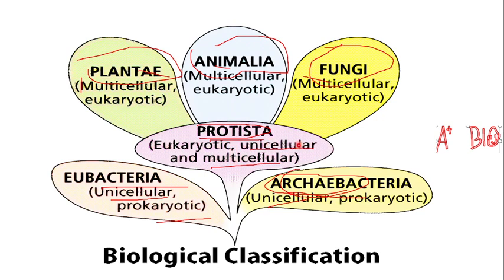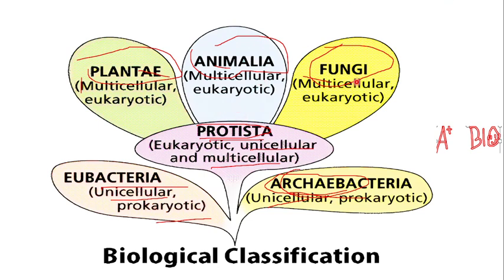Amoeba are unicellular, which is Protista. And we can have multicellular ones like helminths, you can say hookworms, things like that. But there are some Protista which are multicellular. You should search for examples. I hope now those are the common characteristics.